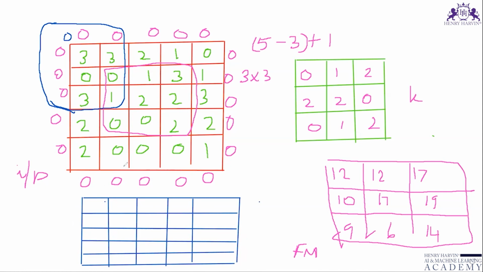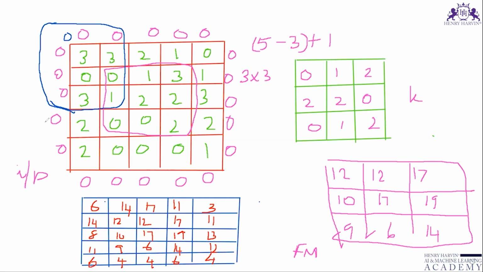Similarly, we will do the rest and get 6, 14, 17, 11, 3, 14, 12, 12, 17, 11, 8, 11, 6, 10, 17, 19, 13, 9, 6, 14, 12, 4, 4, 4, 4, 6, 4.